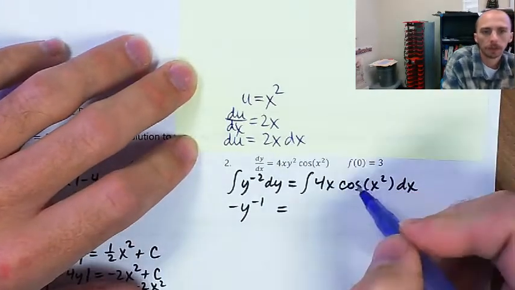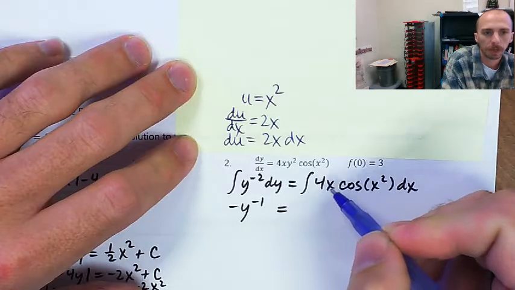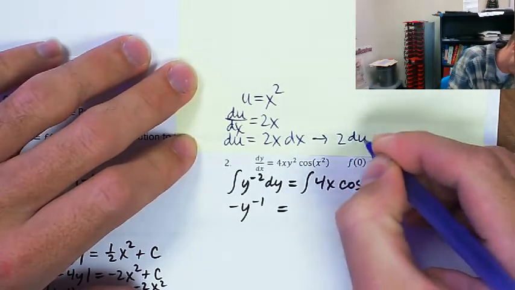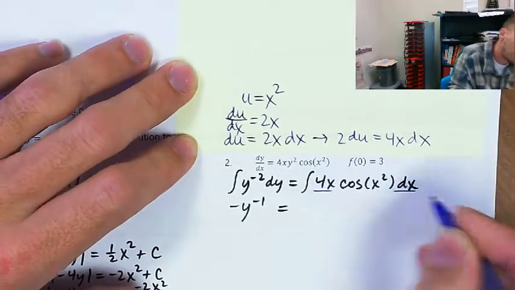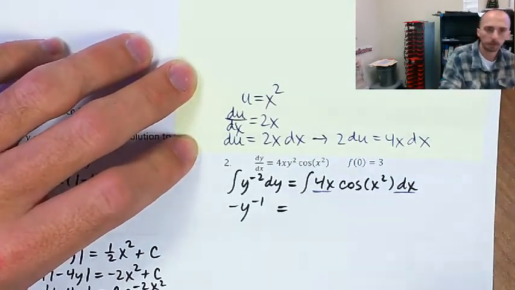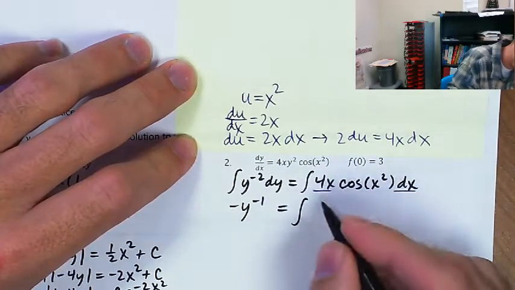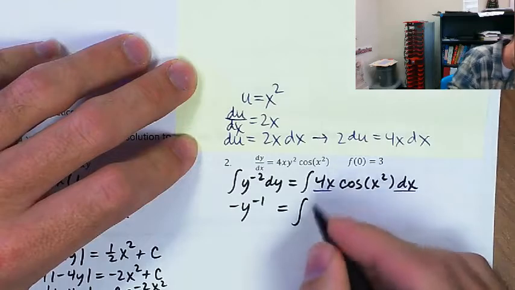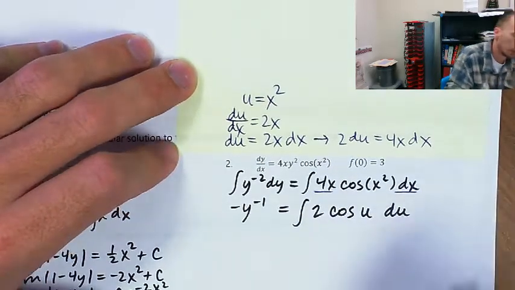What I'd like to do is multiply both sides by 2 and say 2 du equals 4x dx, because that's what I've got right here. I'm going to try to match that up perfectly, and I get the antiderivative of cosine of u times 2 du, so 2 cosine u du.